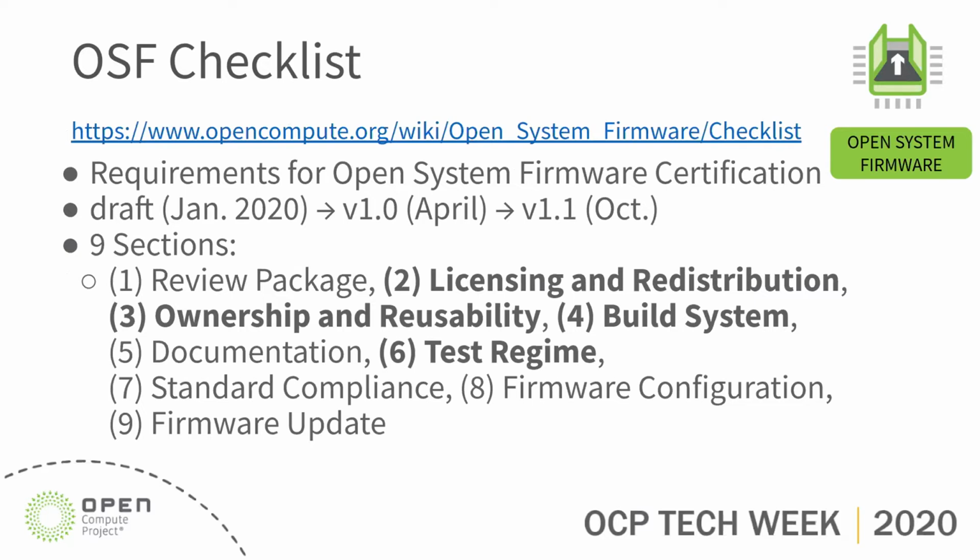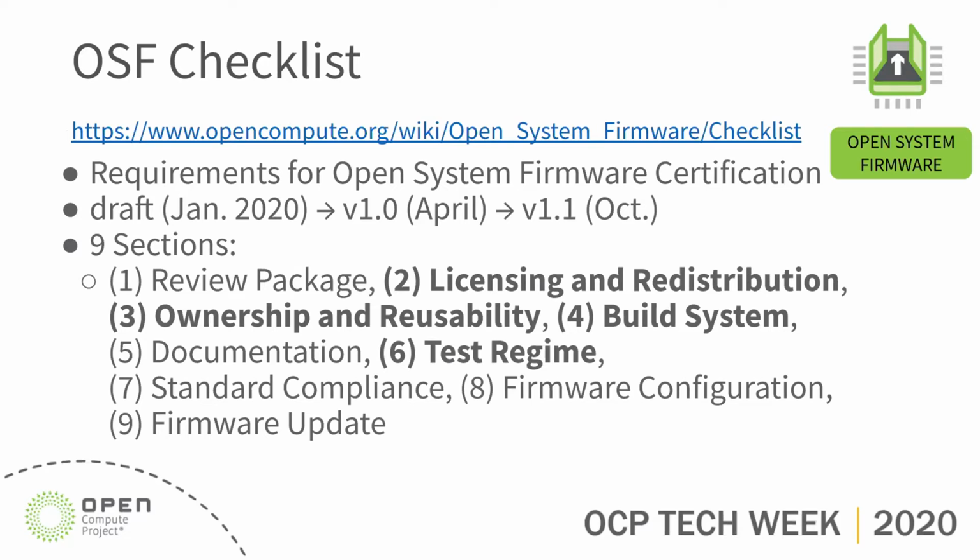All right, so this is a link to the checklist. There you'll find a Google Doc. In the Google Doc, you can put comments, ask questions on specific items, or suggest improvements as well. And as we said, all the items on this checklist will be required for open system firmware certification.